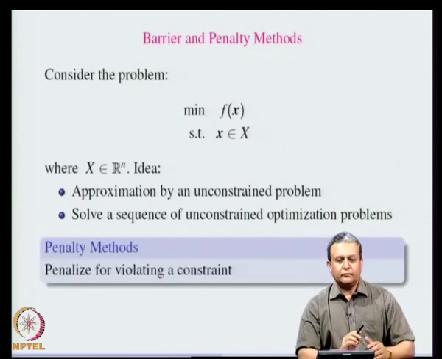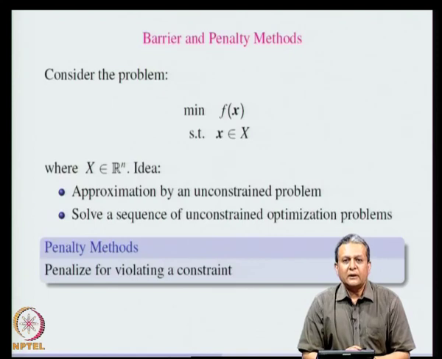So, the two methods differ in the way they design this unconstrained problem. The penalty methods, as the name suggests, penalize for violating a constraint. A violation of a constraint is allowed, but there is an extra penalty or extra cost associated with this violation, and the penalty methods are based on that.